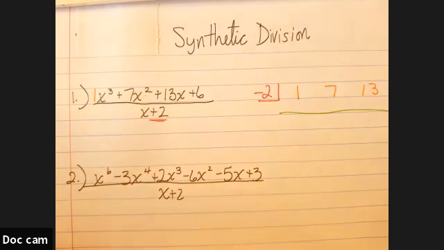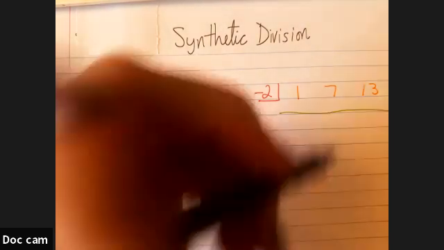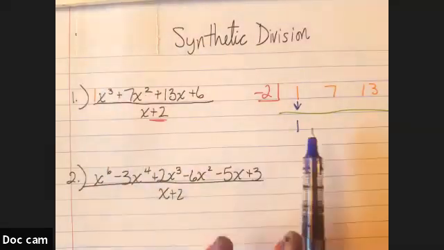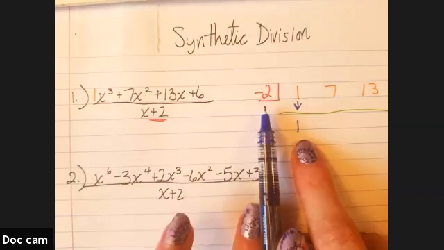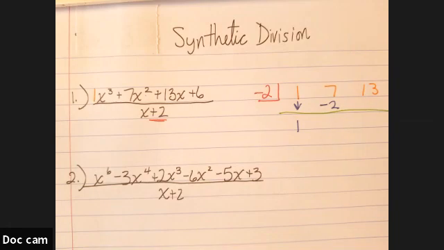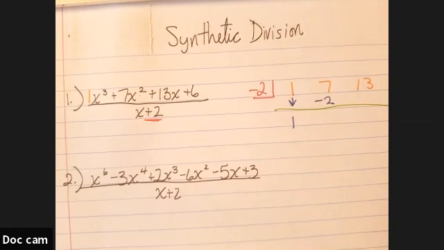Then we're going to bring the first coefficient down. That's 1. And then we're just going to multiply this times the number in the box. So 1 times -2 is -2, and it goes right there under the 7.